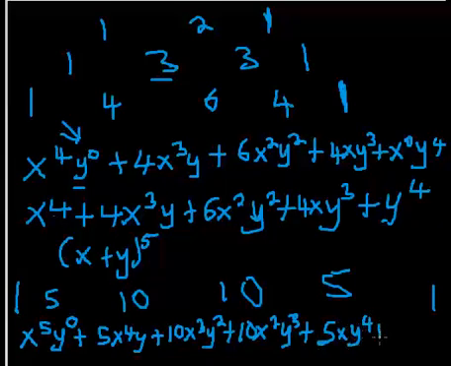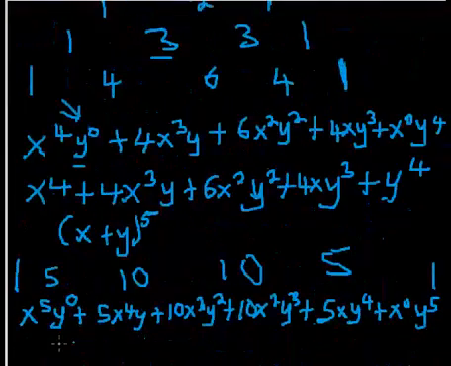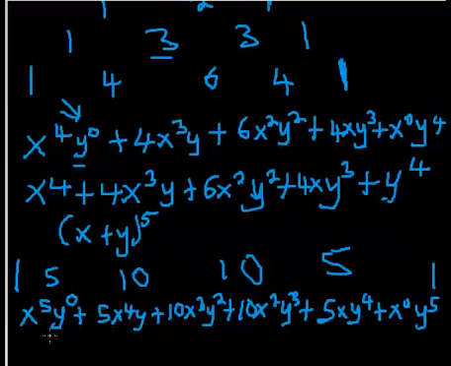Then plus the last but not the least, x reduces to 0. Y increases to 5. Okay, so if you do that, of course you arrive, that's gonna be x raised to the power 5. Y raised to the power 0 is 1, so we are done with that.